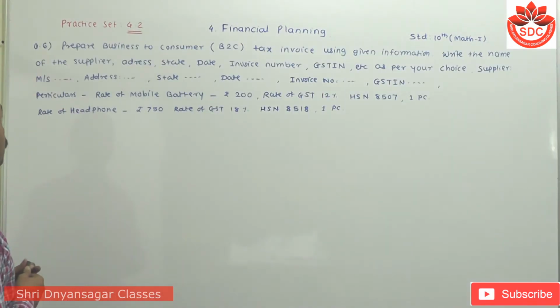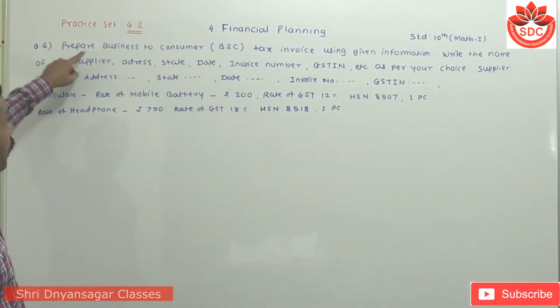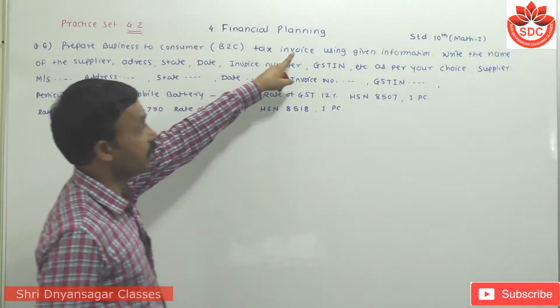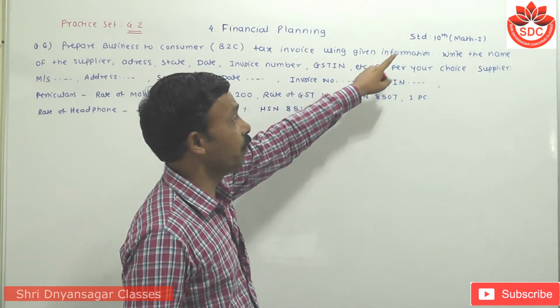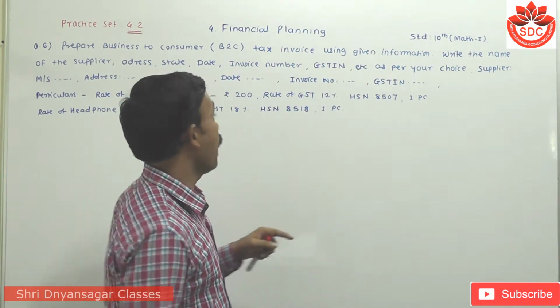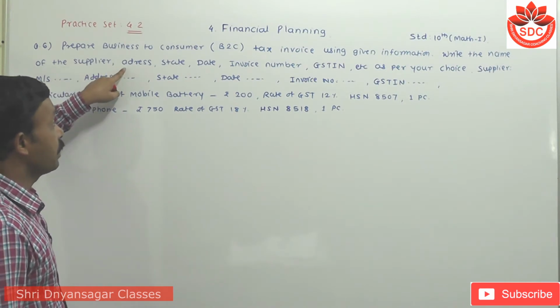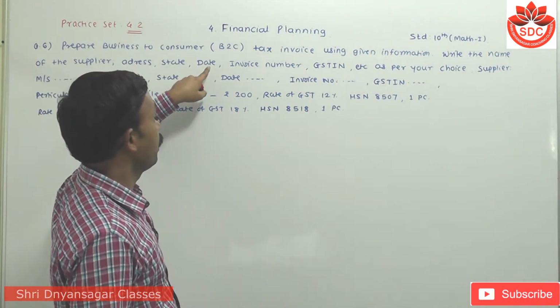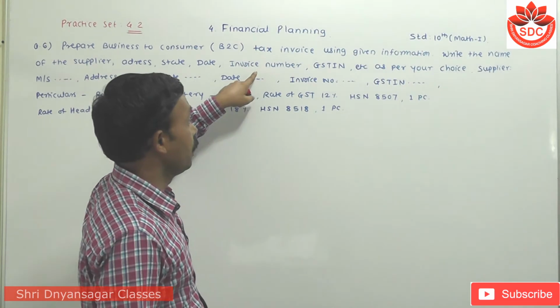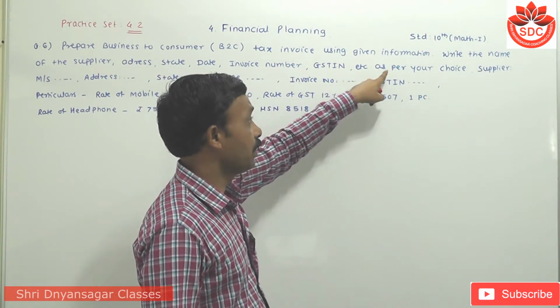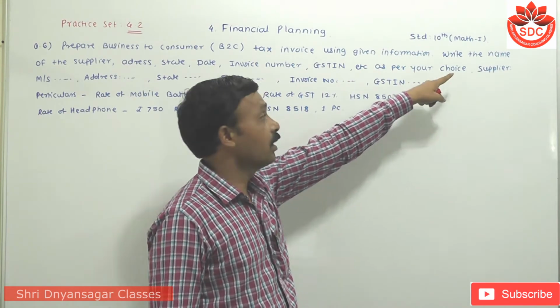Question number 6. Prepare a business to consumer, that means B2C, tax invoice using the given information. Write the name of the supplier, address, state, date, invoice number, GSTIN number, etc. as per your choice.